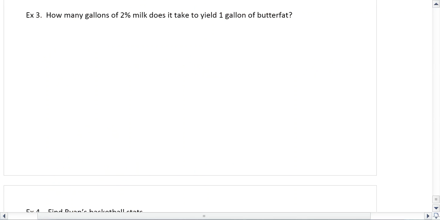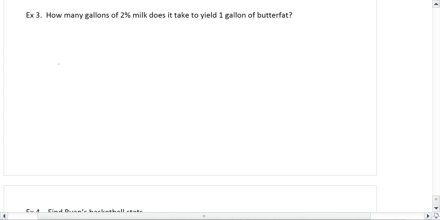In example 3, we're asked to find how many gallons of 2% milk it takes to get 1 gallon of butterfat. Not very much of 2% milk is butterfat, just a tiny 2% of it, so we're going to need a lot of gallons to get 1 gallon of straight butterfat.